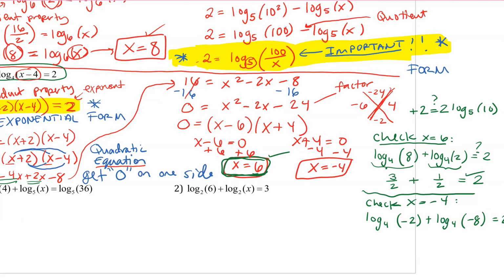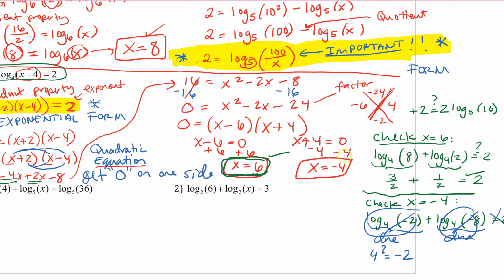Now right off the bat, you should be able to recognize that that is not going to work because these values do not exist. There is no power of 4. There's no number I could raise 4 to and get a negative, right? It just doesn't exist. 4 raised to any power is going to be a positive number no matter what. So these values just don't exist.